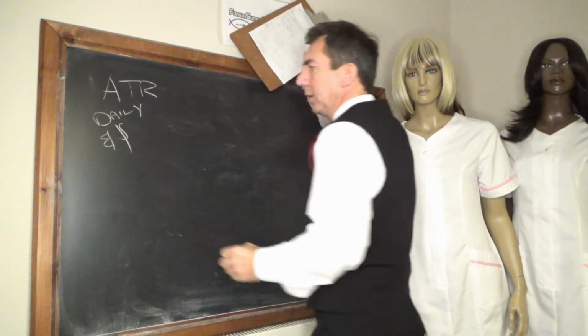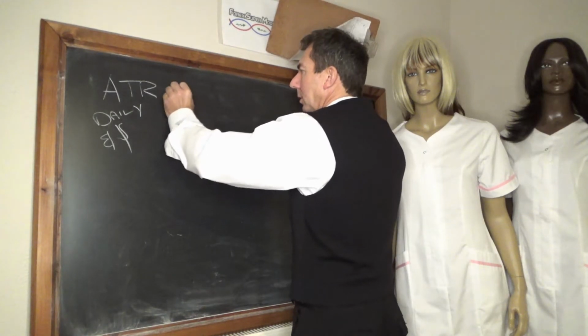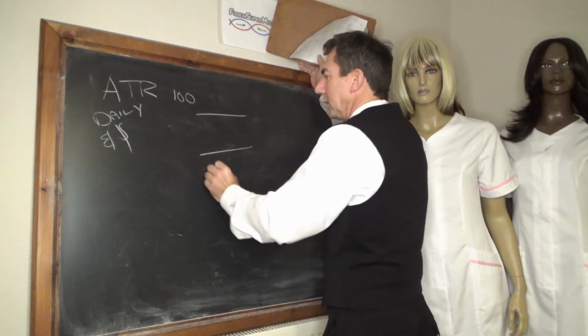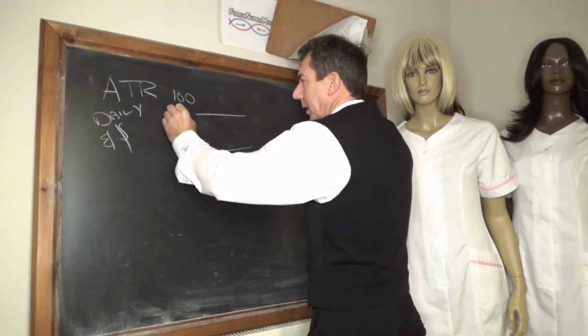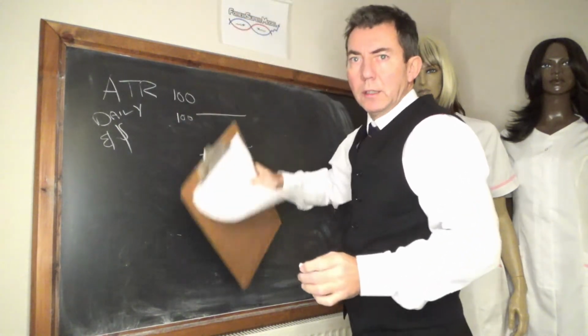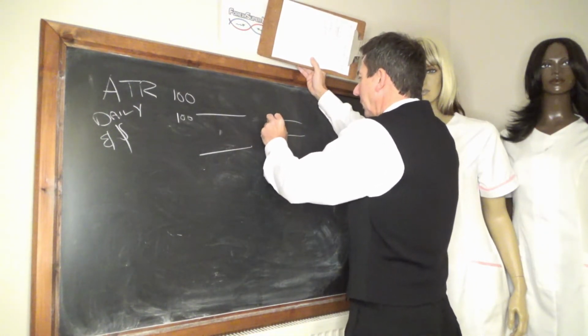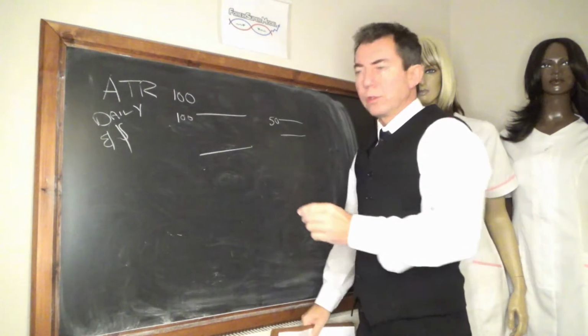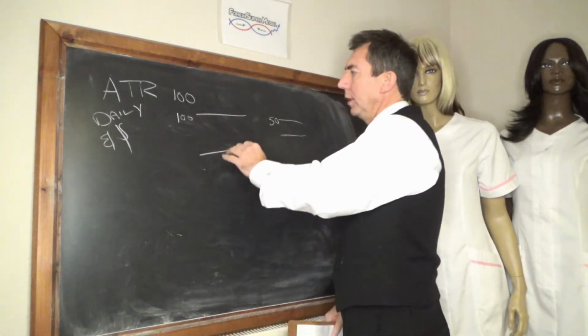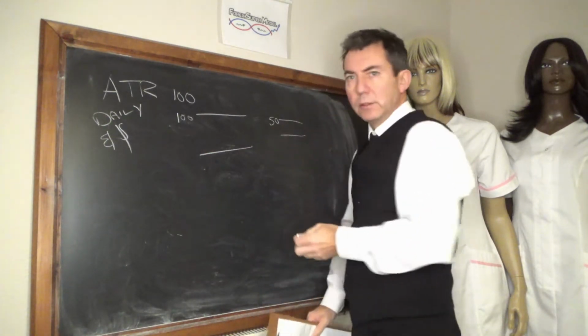I'm just making these figures up, but let's suppose the ATR was 100. Then the market, and this is the ATR of 50. Most people, default traders, would argue that the 100 ATR is more volatile than the 50 ATR.